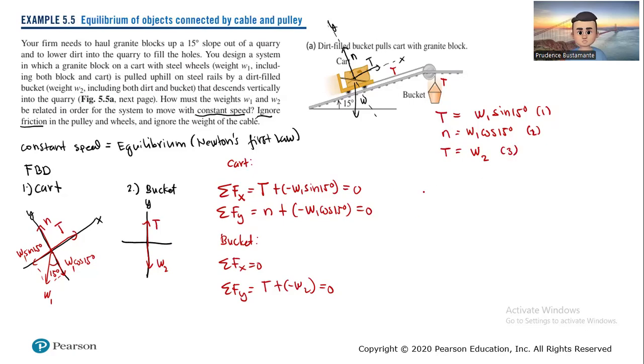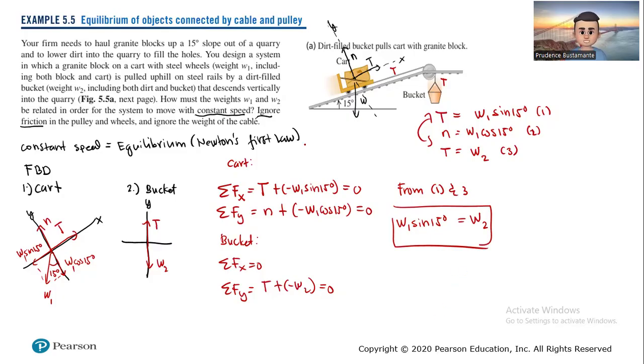Okay. So here we can equate from equation 1 and 3, we say that weight 1 sine of 15 degrees, because the tensions here are equal, is equal to the weight 2. The reason why the tensions are equal is that we ignore the friction of the pulley and the wheels, and we also ignore the weight of the cable because the cable is weightless.